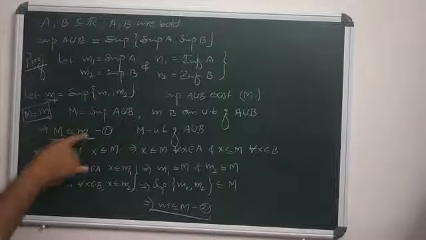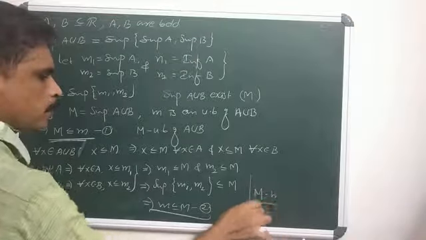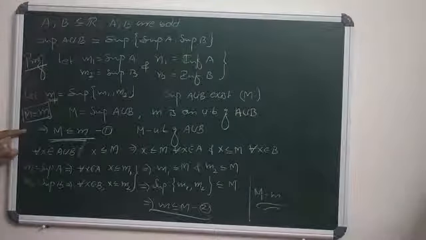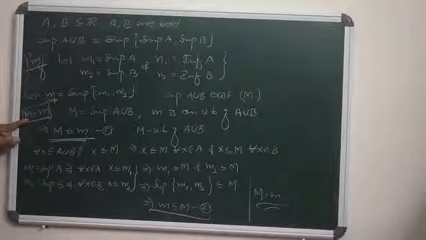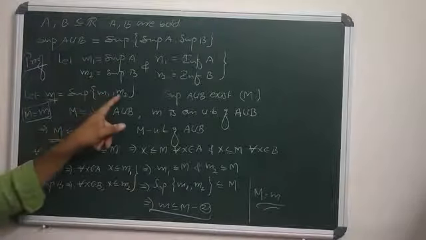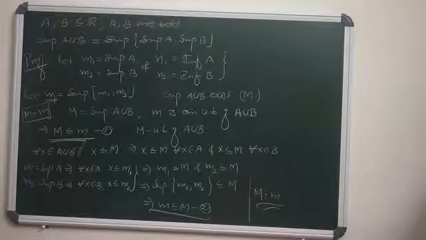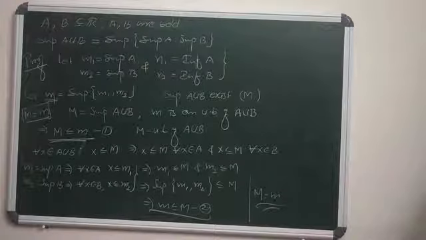Here, capital M is less than or equal to small m and small m is less than or equal to capital M. So combined, this gives m equals M. That is our claim, where M is the supremum of A union B and m is the supremum of the supremum of A and the supremum of B. So this is a well established result: if A and B are bounded, then A union B is also bounded. Moreover, the supremum of A union B is the supremum of supremum A and supremum B.